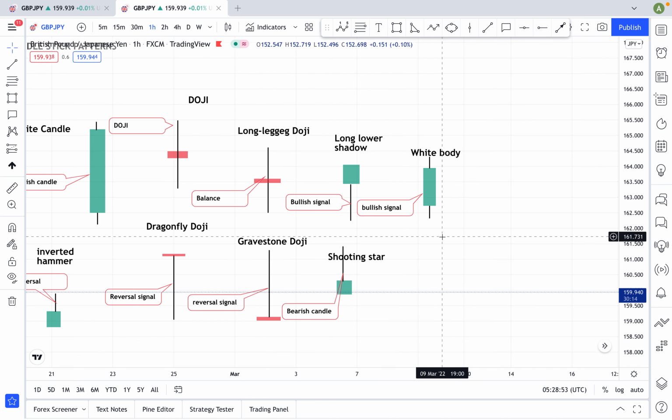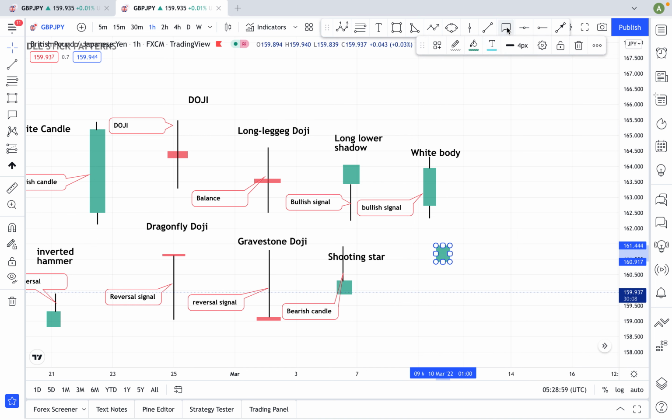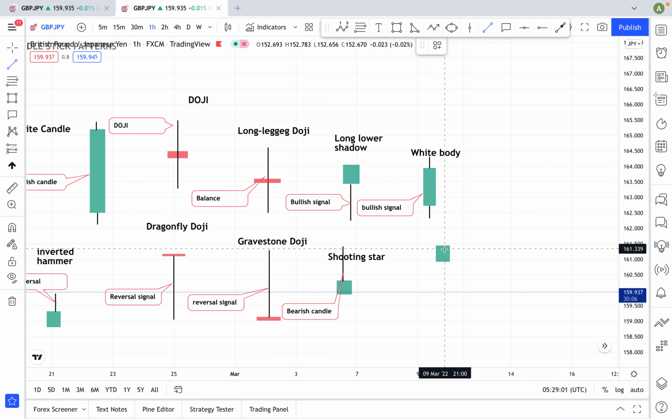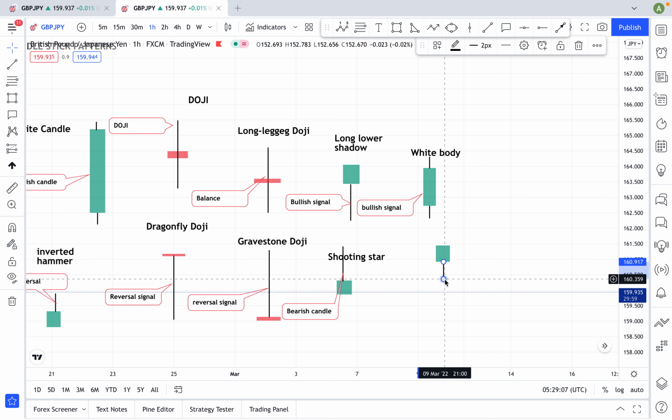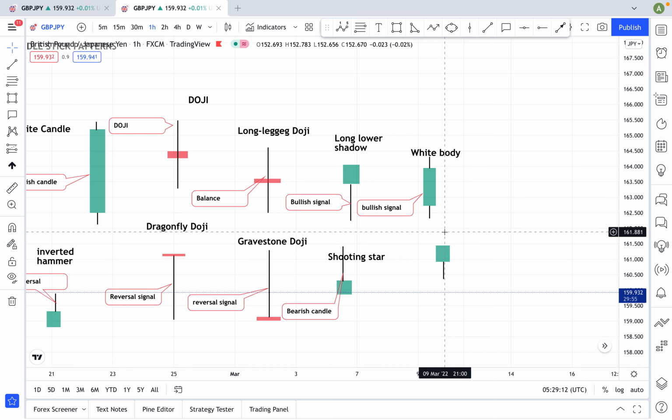And then sometimes you can have something of this nature. This very small one, you can have this here as well. Okay, let me do this first before the other one. There are a lot of candles out there that you can actually learn, but these are the simple patterns that I want you to actually know.